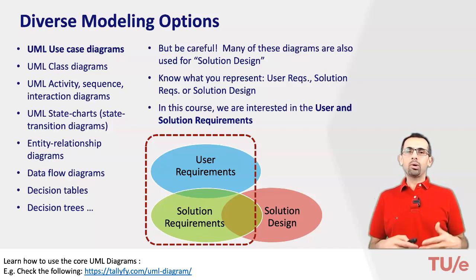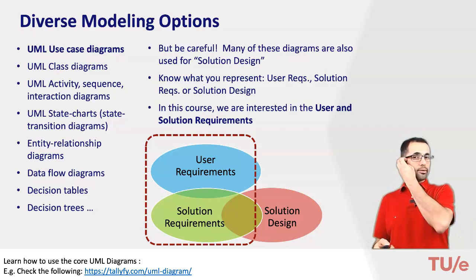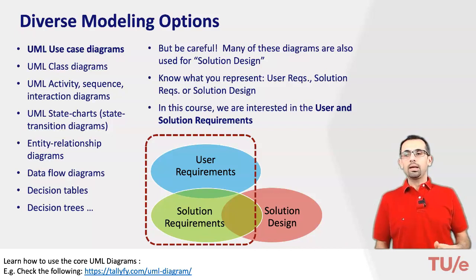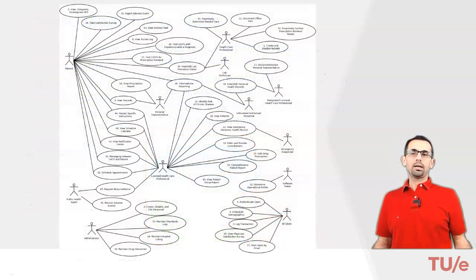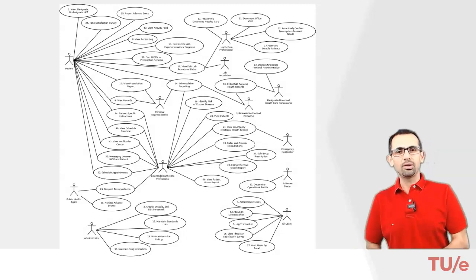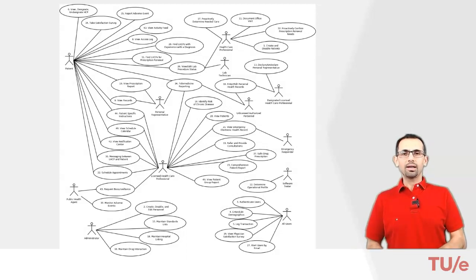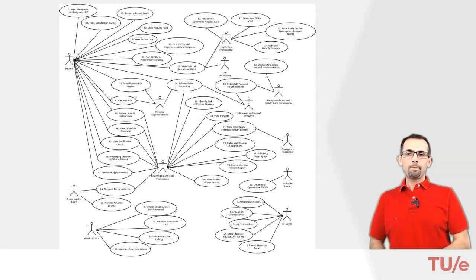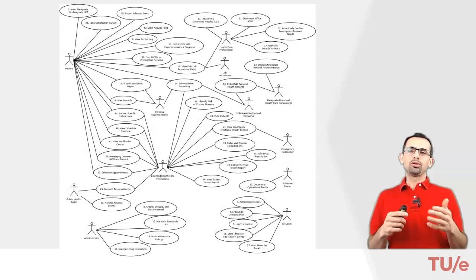Good. Having said that, I'll show you a couple of model examples and ask what kind of modeling notation or diagram each one is. This diagram shows the users, potential users, and high-level features, the things that the user will do with the system.